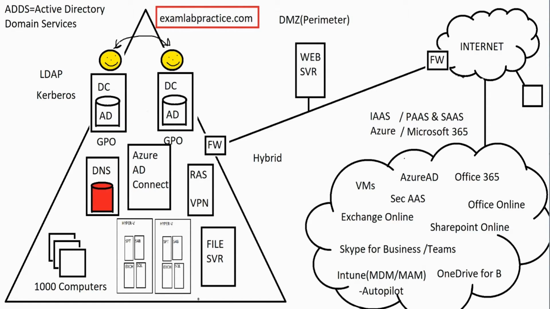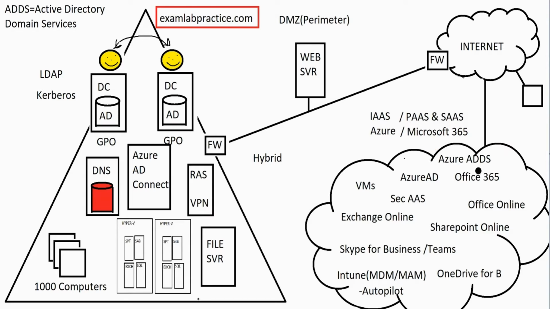Well, Microsoft actually has what is called Azure ADDS. That is a version of Active Directory Domain Services that's hosted in the cloud for you. So if you were in a situation where you absolutely had to keep ADDS, the old LDAP-based standards, you can actually host ADDS in the cloud, in Azure.